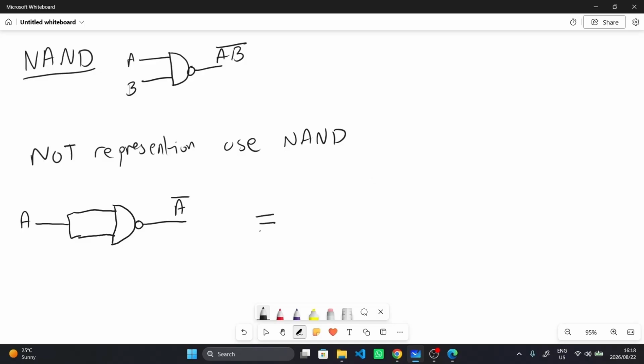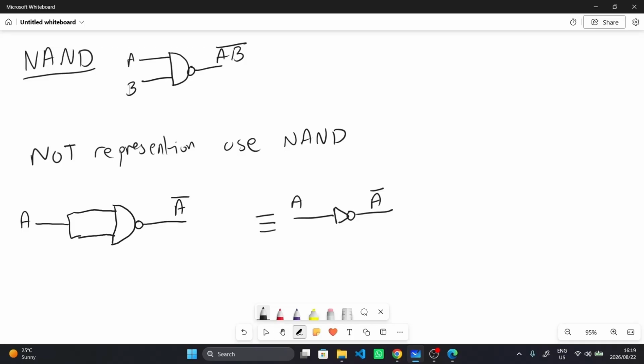So this is same as having a NOT gate. So we can represent NOT gate using both of them. It's just much easier than the other two.